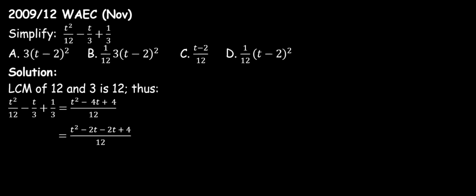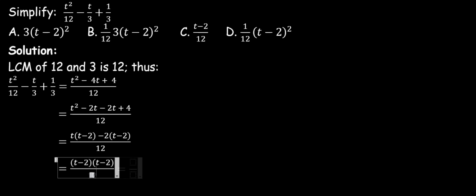And factorizing, we factor out t from the first two items, and you'll be left with t minus 2. And factor out minus 2 from the second two items, and you'll be left with t minus 2, divided by 12. And that will simplify further as t minus 2, bracket open and close, into another t minus 2, divided by 12, which is the same thing as t minus 2 squared divided by 12.